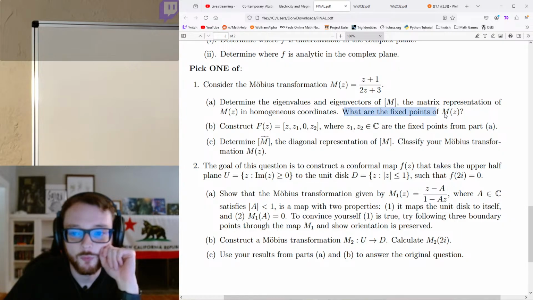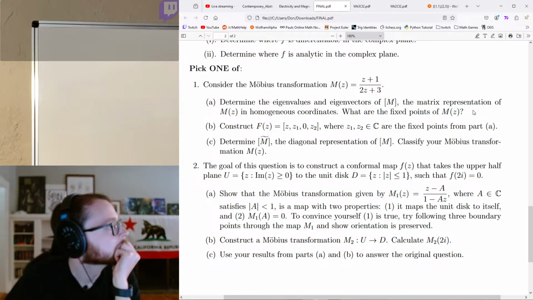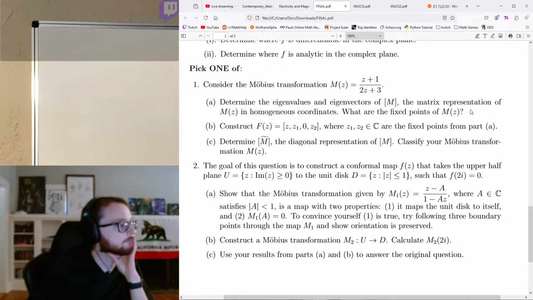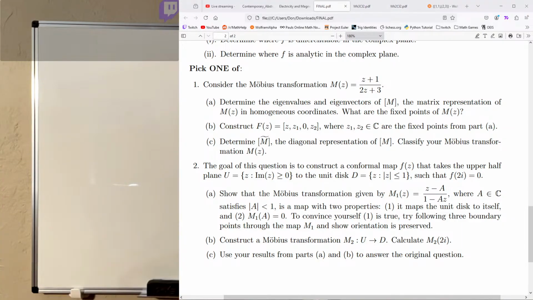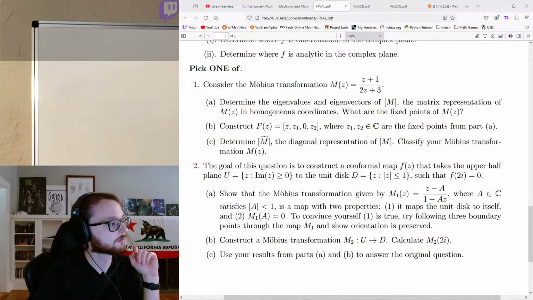What are the fixed points of this matrix transformation? Is my camera being weird? I felt like I was slowly getting out of focus.